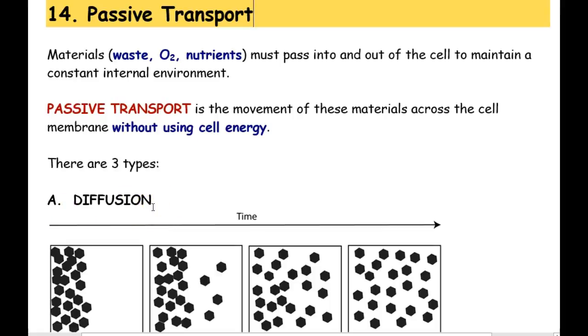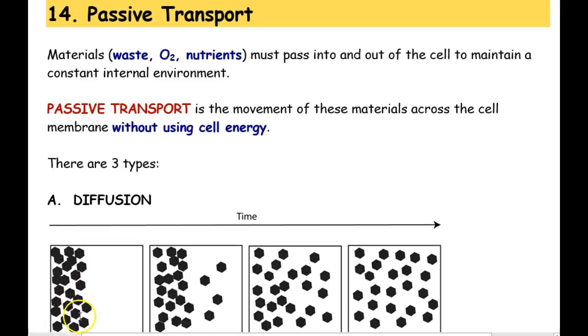I usually start to explain this by having you envision that somebody decides to spray perfume in one corner of a room. At the beginning, the moment that you spray that perfume, all of the perfume molecules are going to be in that one edge of the room. But all matter in the universe tends towards disorder.